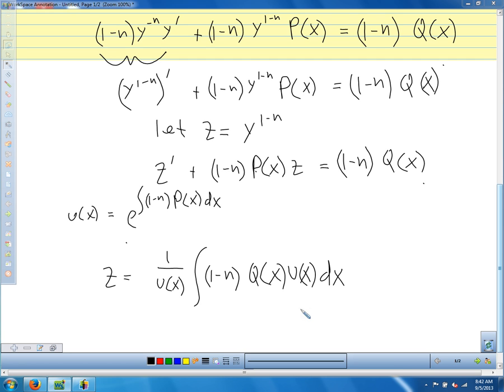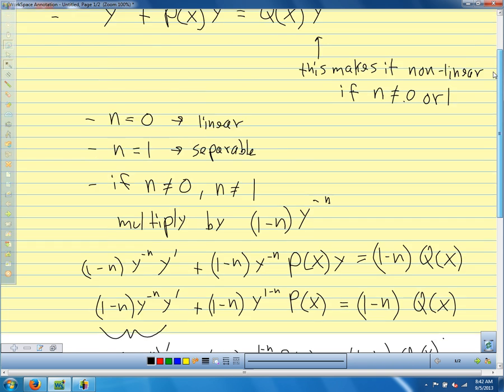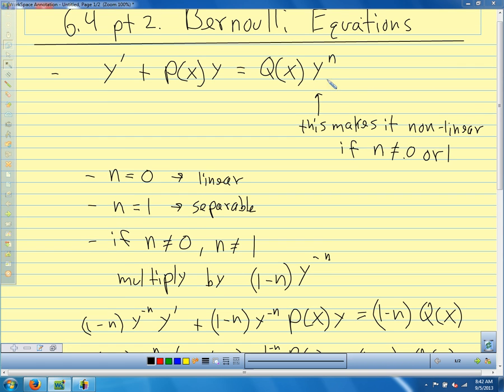So we make this nice little switch of variables, and we turn it into a linear equation. This is our key when we have a Bernoulli equation: let z equal y to the 1 minus n. And in order to do that, we rewrite our equation in standard form where we have the y prime by itself, some function of x times y, and then a function of x times y to some exponent.